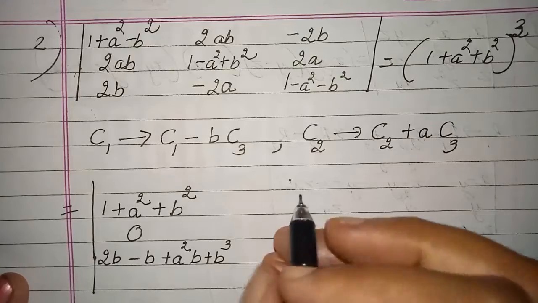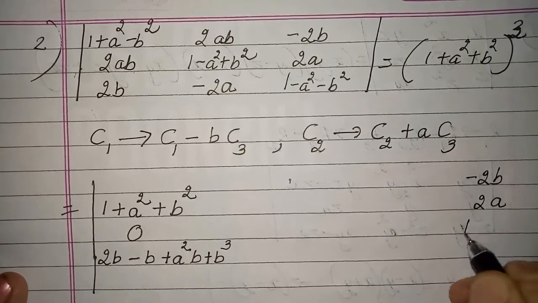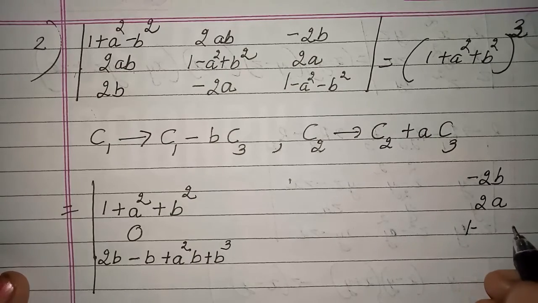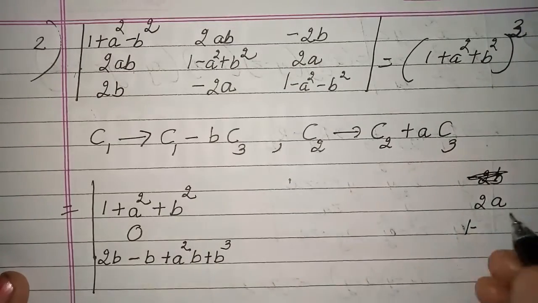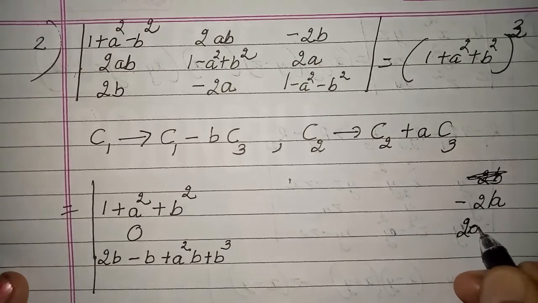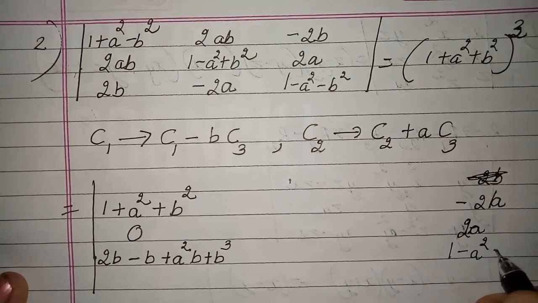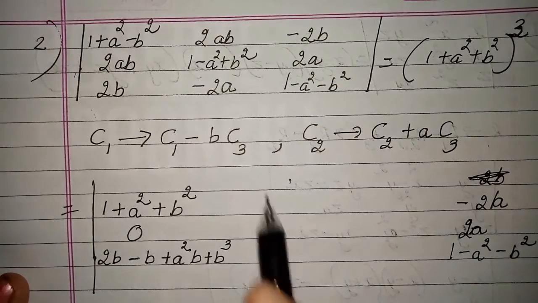C3 is not changed. So C3 we will write as it is, children. 2b, then you have 2a, and you have 1 minus a square minus b square. Now C2 let us do.